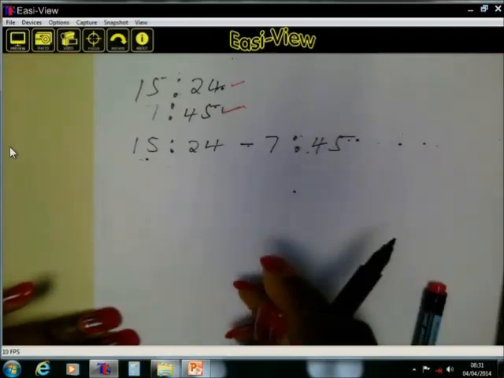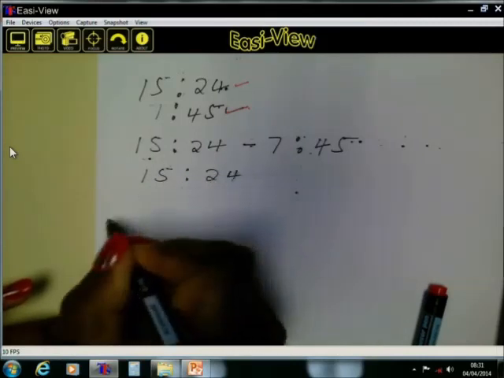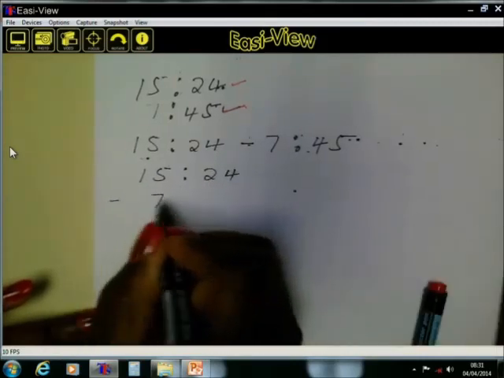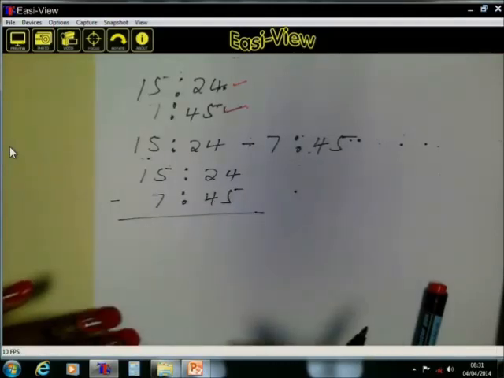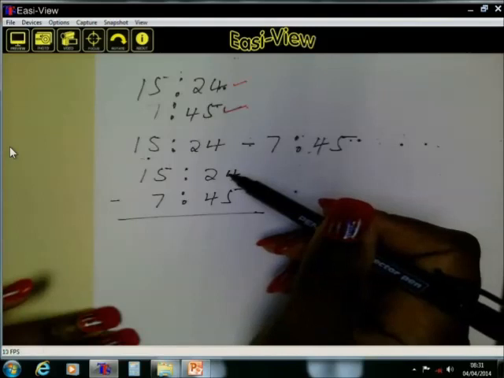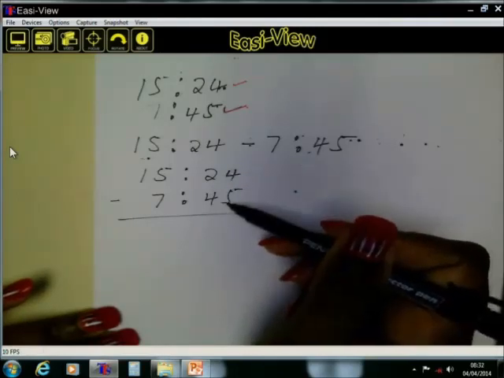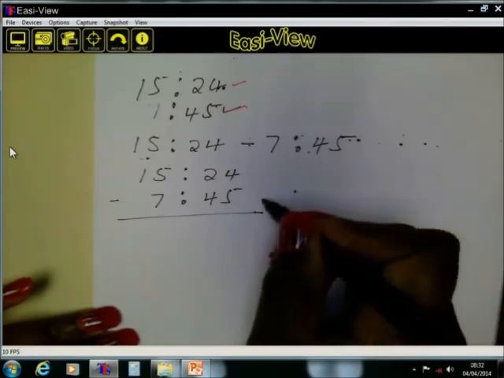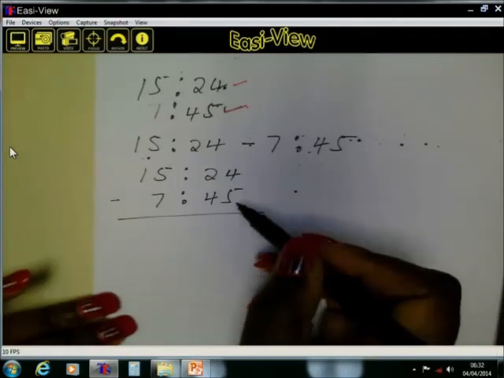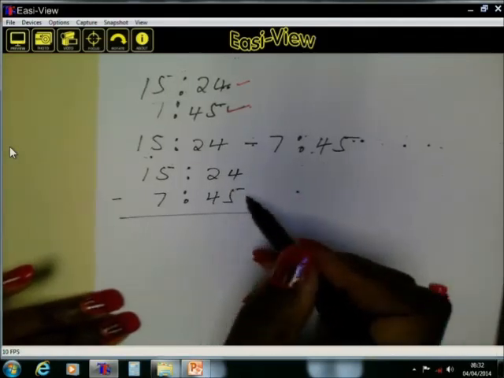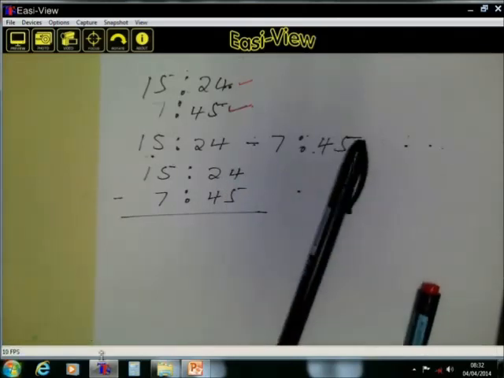7:45. But if we put it this way, if you subtract 24 to 45, you're going to get a negative number. So what is very, very important is that we need to do some conversions here.